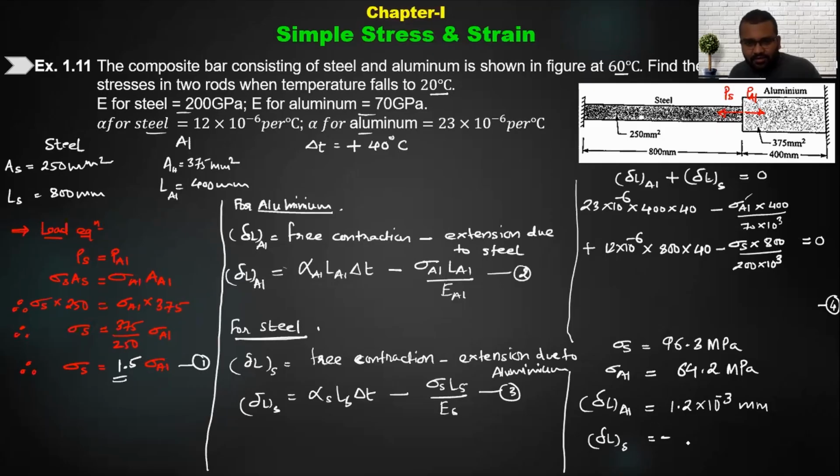Okay, so aluminium and steel. Now Aslan Khan is saying some different answers, so let me go with him unless somebody corrects us. He is saying 1.17 into 10 raised to minus 3 for aluminium, and for steel he is saying minus 1.16 into 10 raised to minus 3.